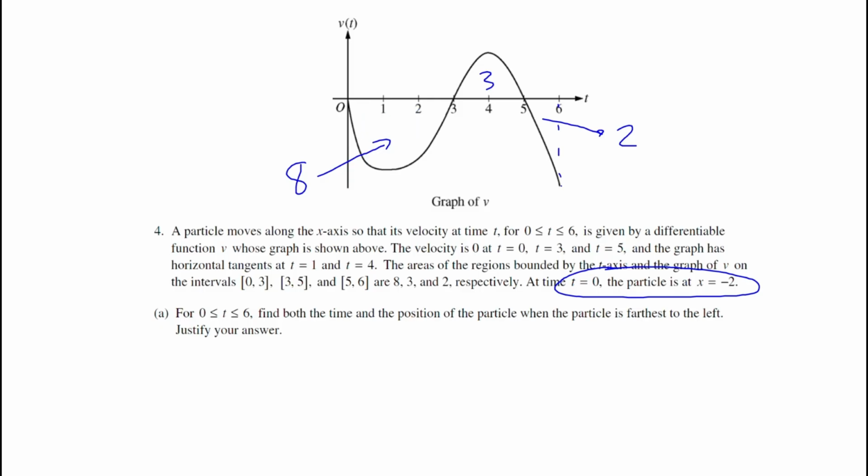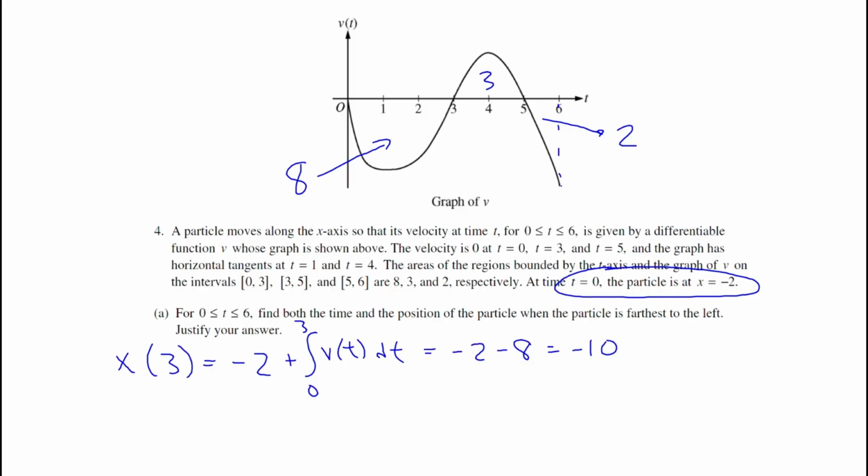Its position at 3, x of 3, is the initial position, -2, plus the integral from 0 to 3 of v. The integral from 0 to 3 of v is going to be -8 because this is an area of 8 units below the t-axis. So it's -2 minus 8, which is -10.